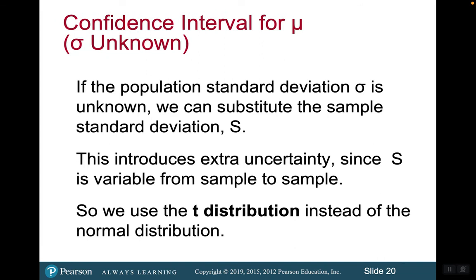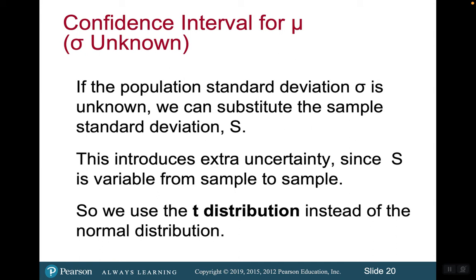So if we don't know the standard deviation, we can create an estimate by using a sample standard deviation, which we'll call S. Now the problem is that once again we're dealing with uncertainty, so things are going to be a little bit more uncertain because the sample standard deviation will vary from sample to sample. It's not going to be the same thing every time.